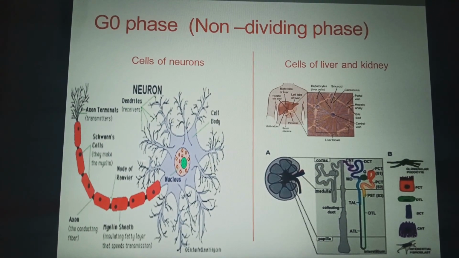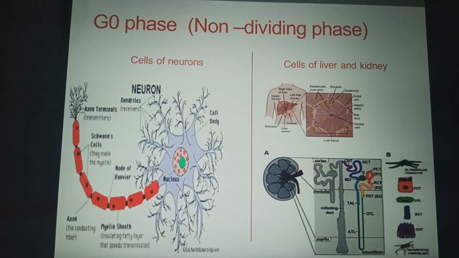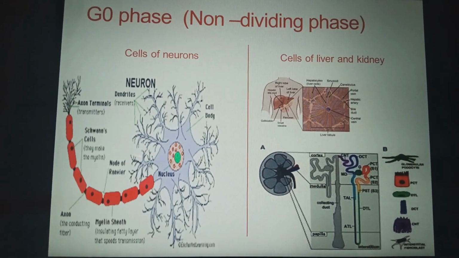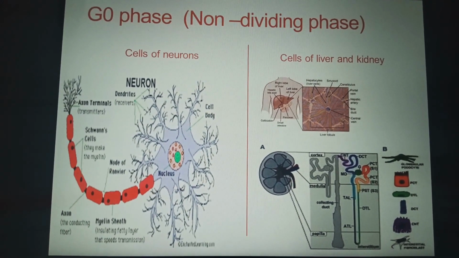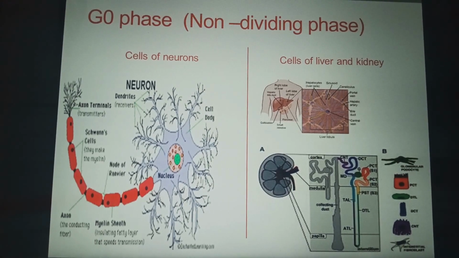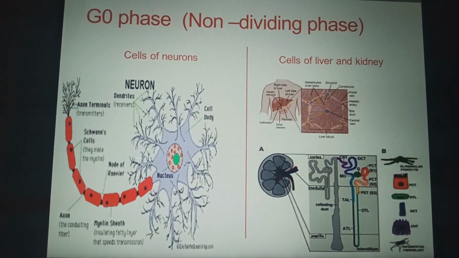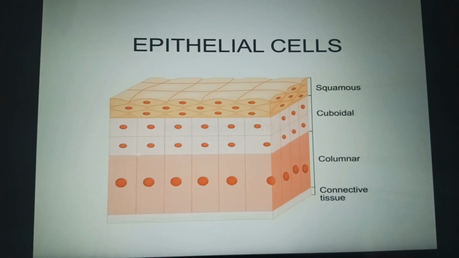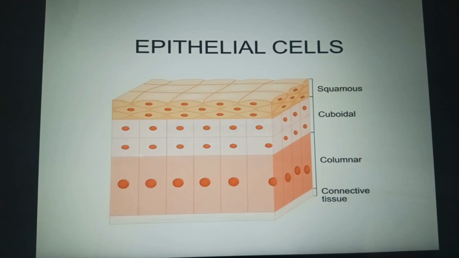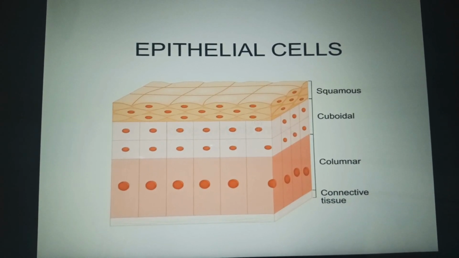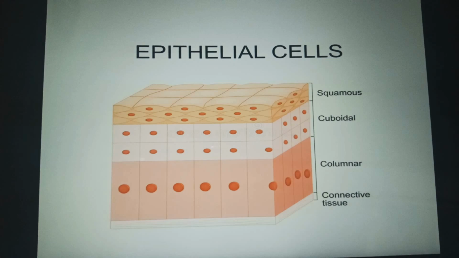Some cells remain in G0 for an indefinite period, for example, neurons, while some cells enter G0 phase semi-permanently, for example, some cells of liver and kidney. Many cells do not enter G0 and continue to divide throughout an organism's life, for example, epithelial cells.